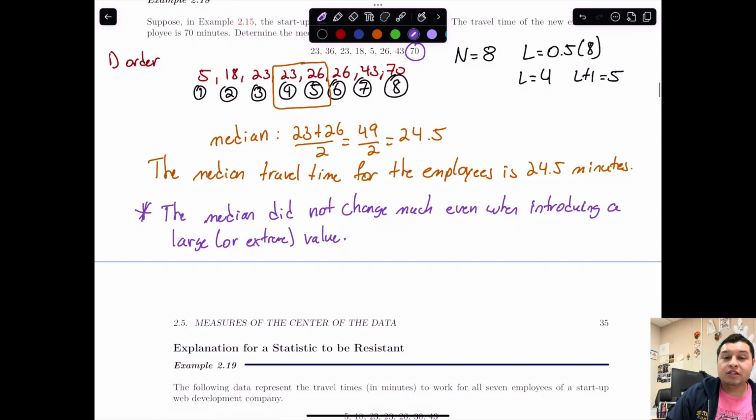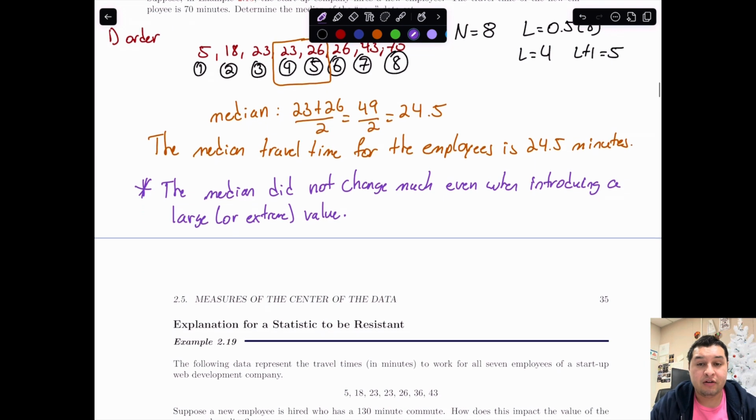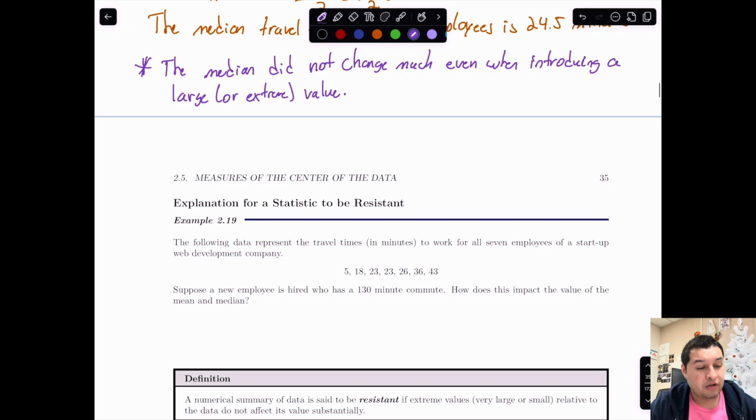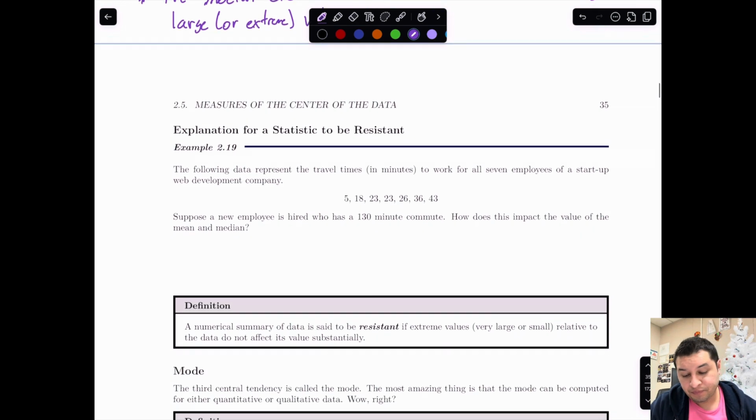Okay, so the median doesn't really change much when we introduce a big value, or even a different value in general. All right, let's go ahead and keep going and we can talk more about this.